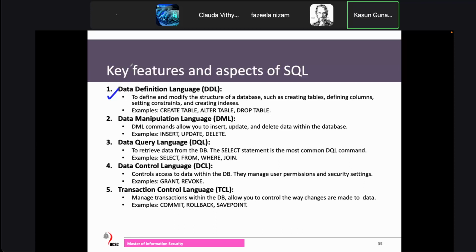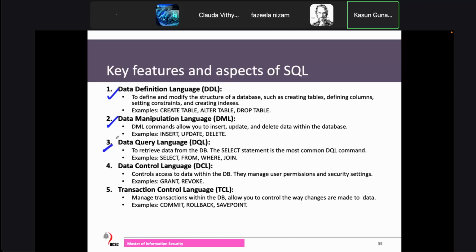And then third is data query language. So a query is basically retrieving data from the database according to our requirement. So sometimes we may have different requirements to extract data from the database. So there we can use these commands given in data query language.